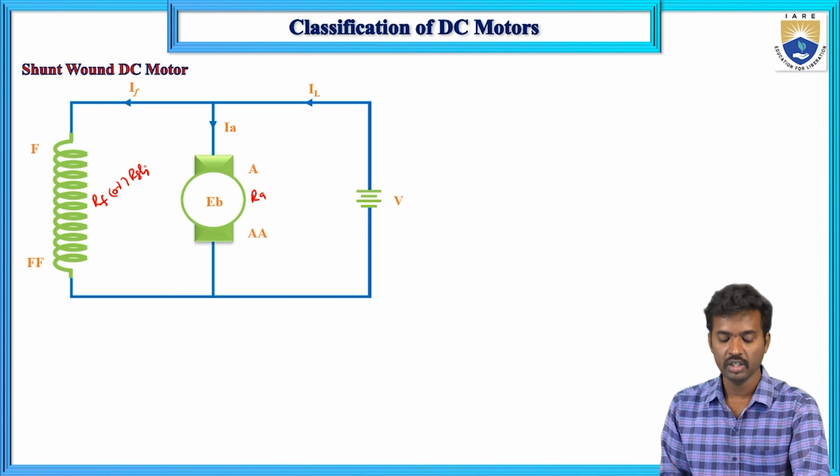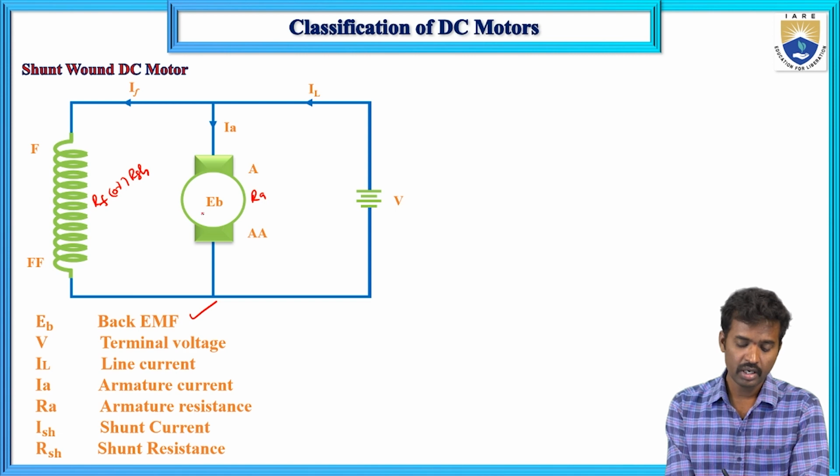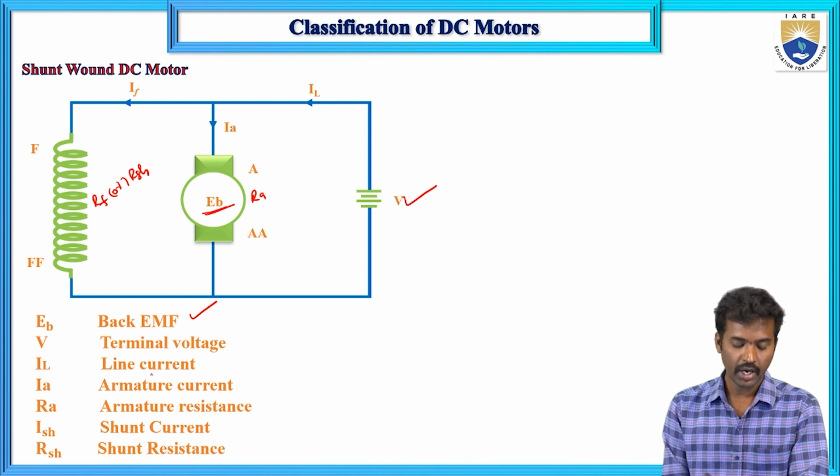Now here, this is RA, the armature resistance, and this is RF or RSH, the shunt resistance. Let us see the terminology. EB is the back EMF, developed in the armature conductor, and V is the terminal voltage. IL is the line current, and IA is the armature current flowing through the armature, with RA the armature resistance.